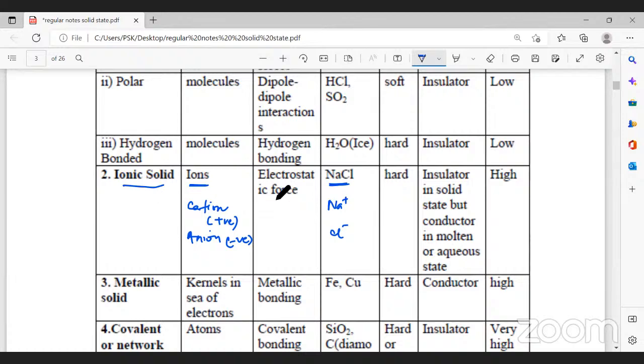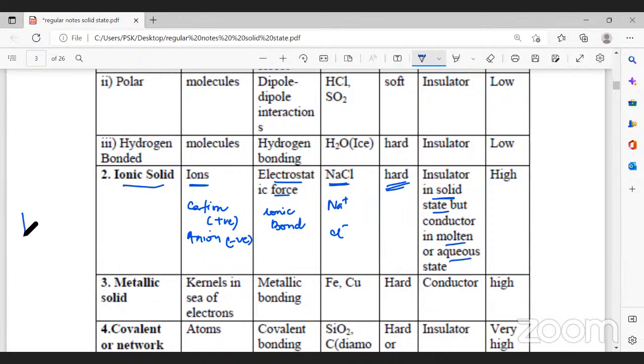These positive ions and negative ions are held together by a strong electrostatic force of attraction, otherwise called an ionic bond. These ionic solids are generally hard. They are insulators in solid state, but they are conductors in molten state or in aqueous state.